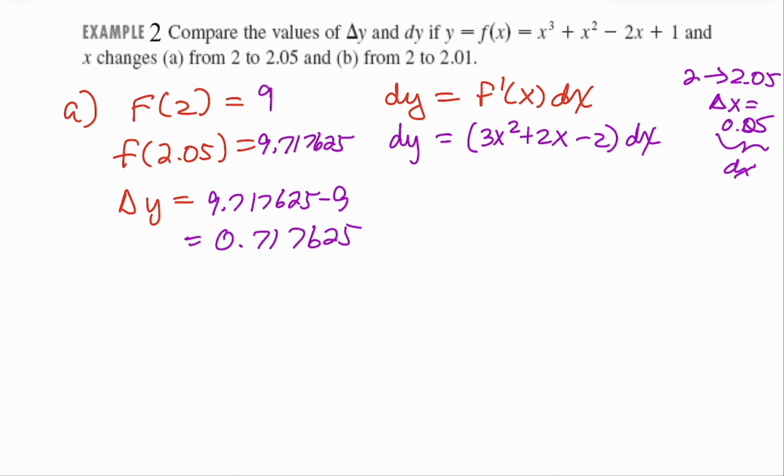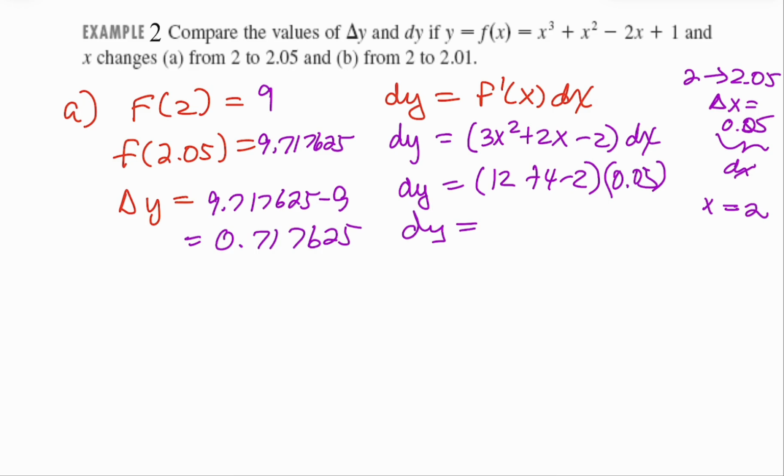Now remember, our x value starts at 2. So our dy is going to be 3 times 2 squared, which is 12, plus 2 times 2 is 4, minus 2, times our change in x. 12 plus 4 is 16, minus 2 is 14, times 0.05.